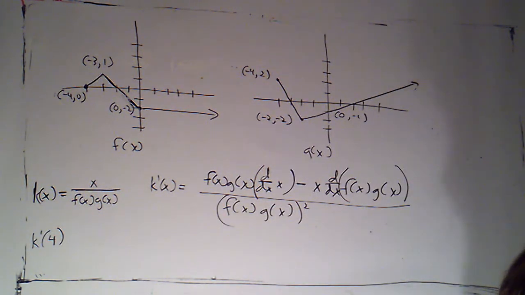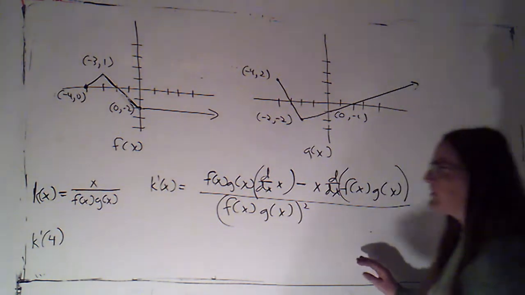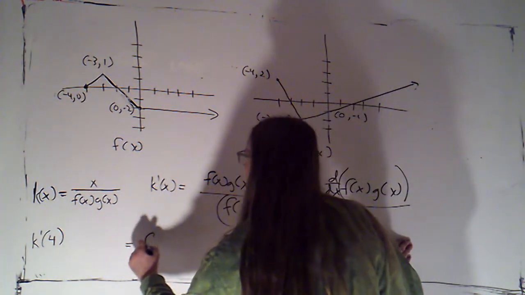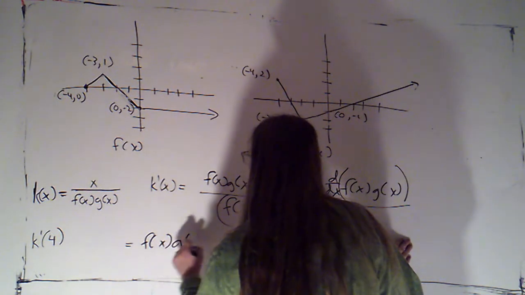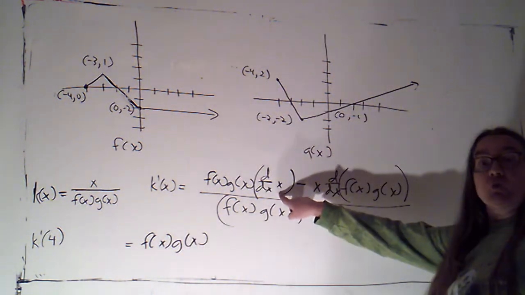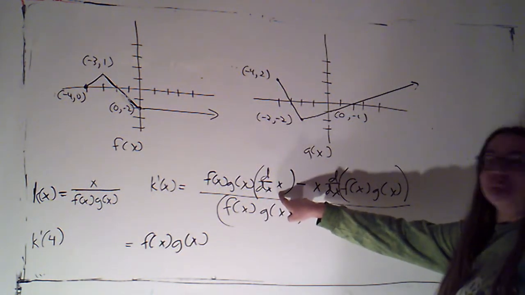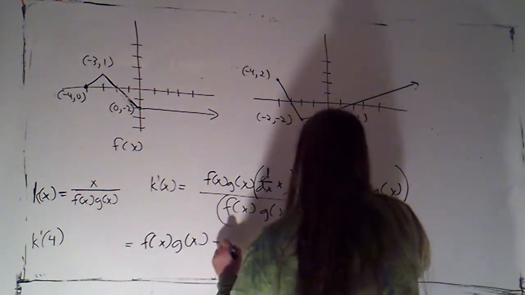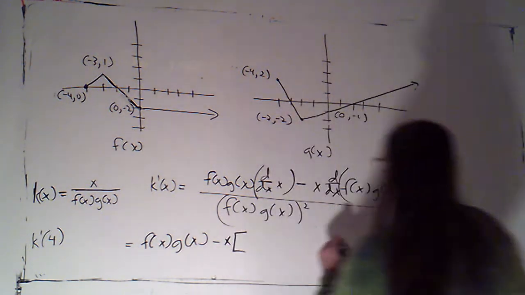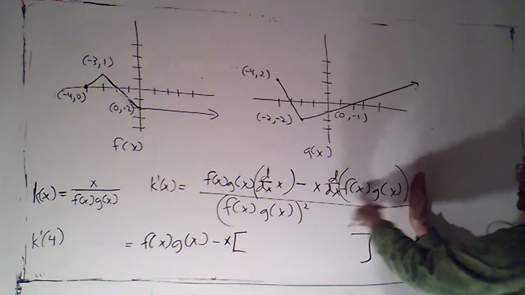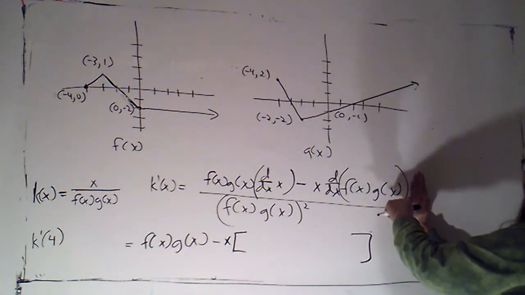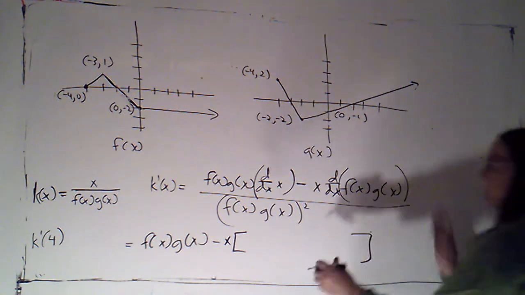Okay, so let's go back and evaluate some of those derivatives. So this is going to be f of x times g of x. The derivative of x is just 1. Minus x. Now here I'm going to put some brackets because now I'm taking the derivative of this product. That's going to be product rule.